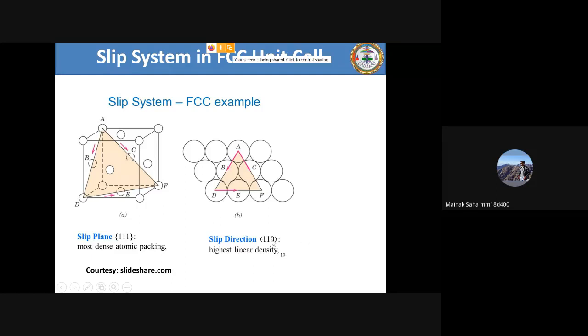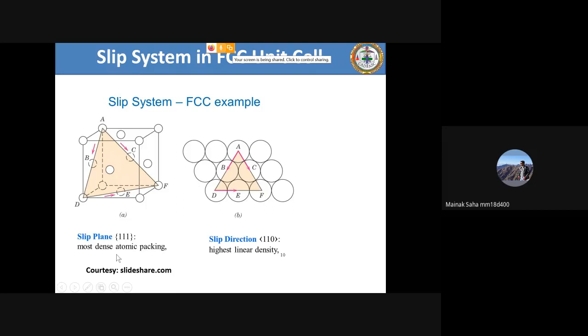For this one particular plane, if you take a 111 plane, and this is not a family. If you take a family, there are total 4 slip planes, and each plane will have 3 slip directions in FCC, the 110 directions. In every triangle you cannot have 6 110, you can only have 3 110 in a particular 111.